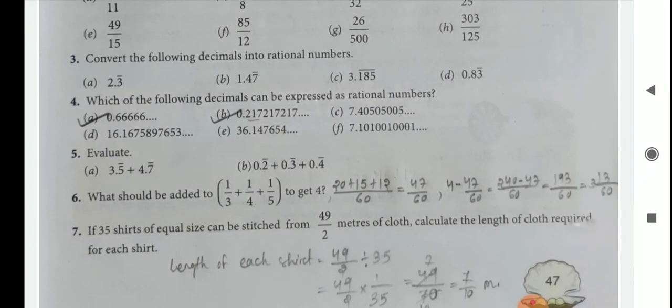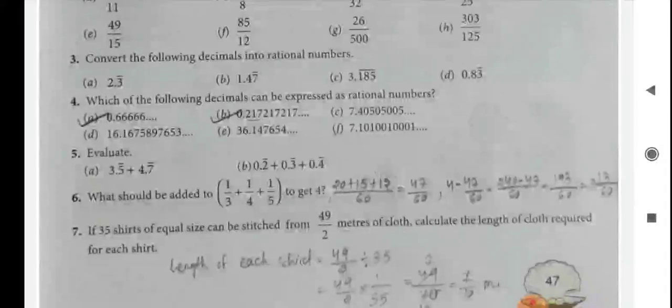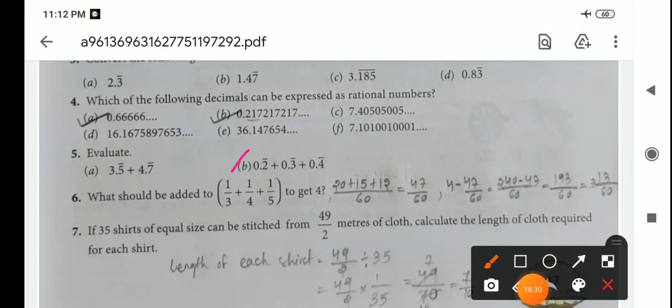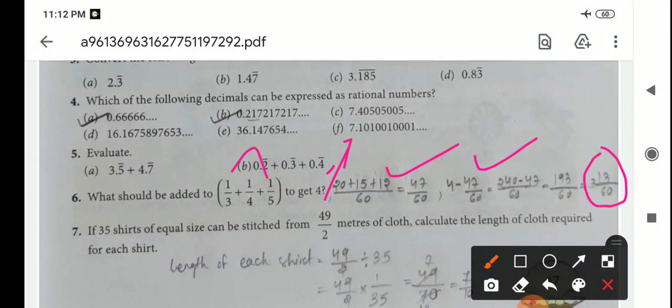Okay, then you complete. Number 6 you see. What should be added to 1 by 3 plus 1 by 4 plus 1 by 5 to get 4? So here we add these 3 fractions, then we subtract from 4, then we get the required number. First we add like this, then we subtract, 4 minus 47 by 60, then we get 3 whole 13 by 60 as the answer.